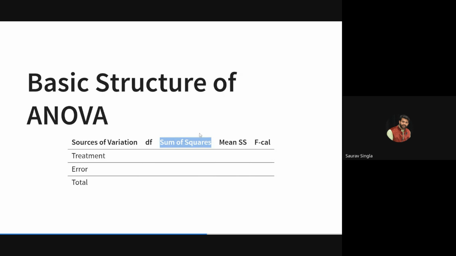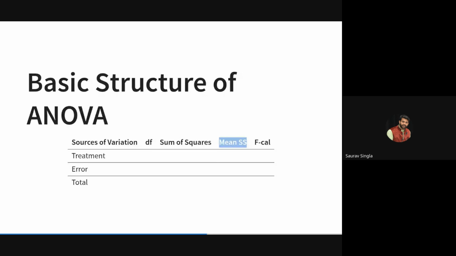And how do you get the mean sum of squares? You get the mean sum of squares by dividing the sum of squares by degrees of freedom. Now your mean sum of squares is in a manner a representation of variance only. The mean sum of squares is representing basically the variance caused by treatment.